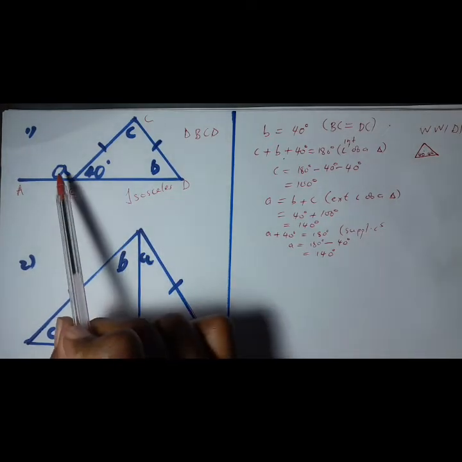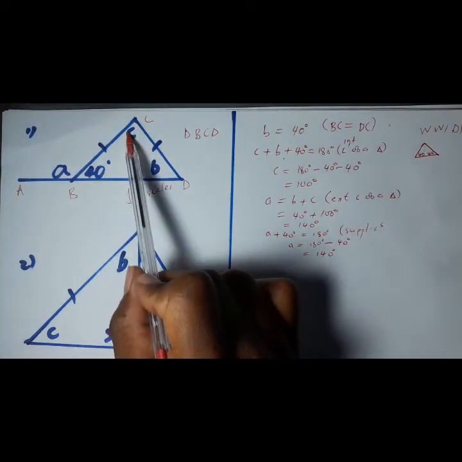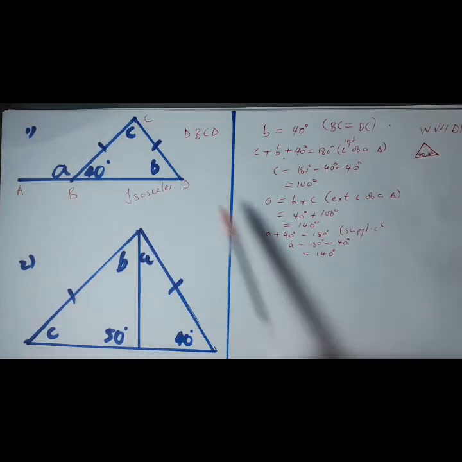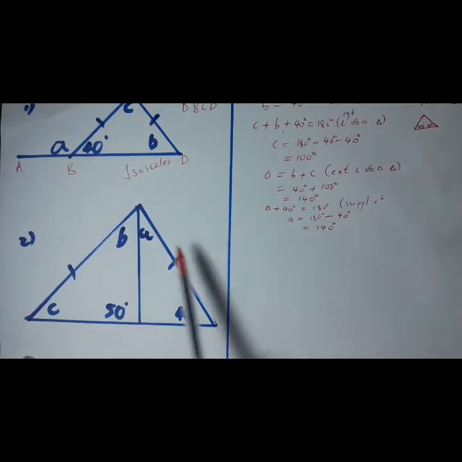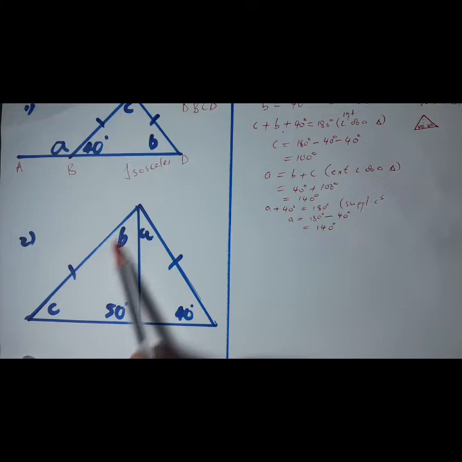Even if we started by finding A, we could still find C using this exterior angle. Now let's come here. Here we have three triangles. We have this triangle, we have this triangle, and we have the bigger triangle.